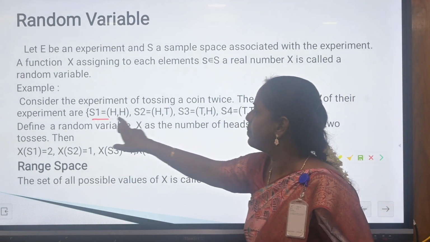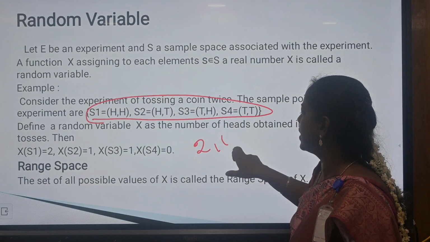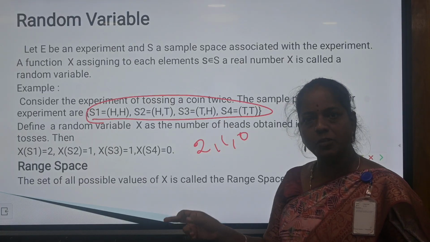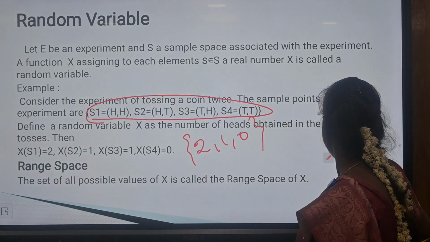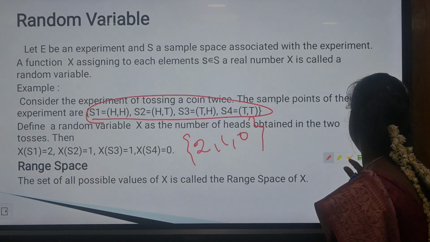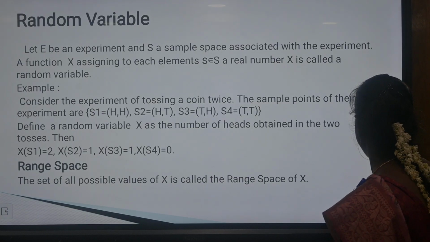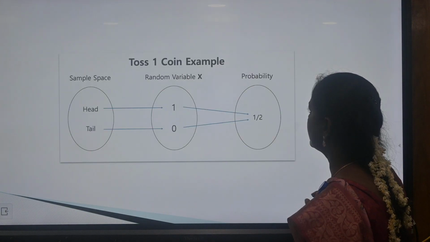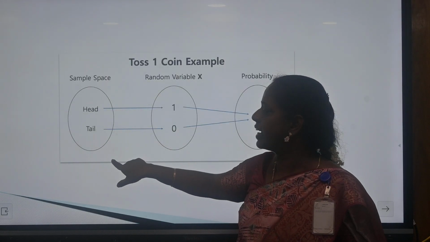For this example, the set of all possible values is {2, 1, 0}. So the range space of this example is {2, 1, 0}. This is a graphical representation for the random variable.